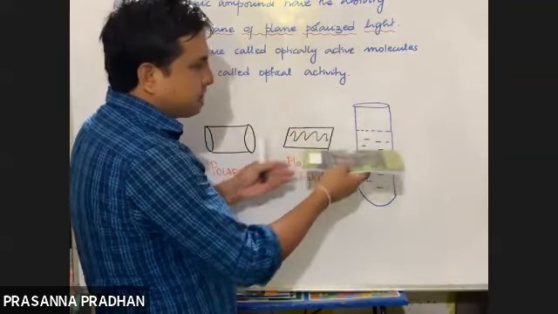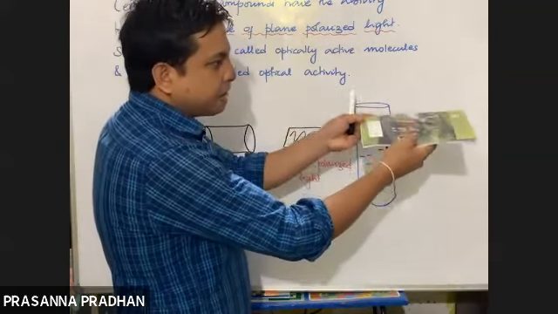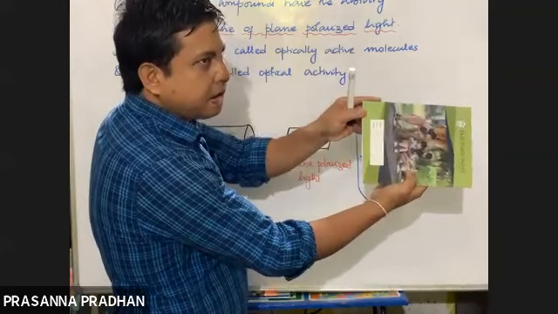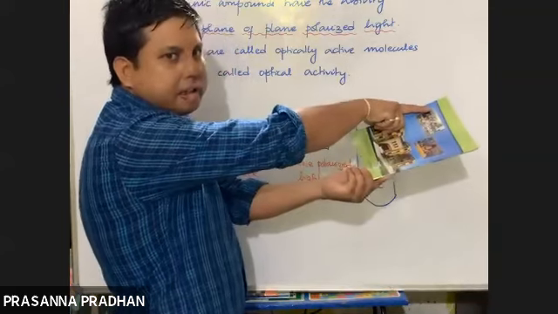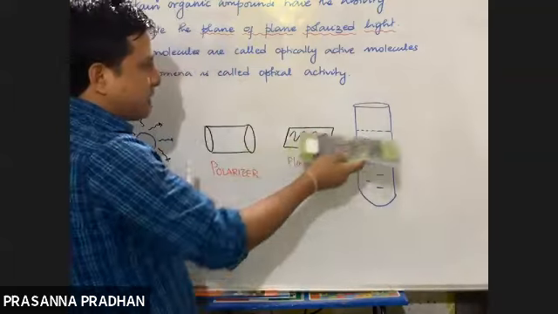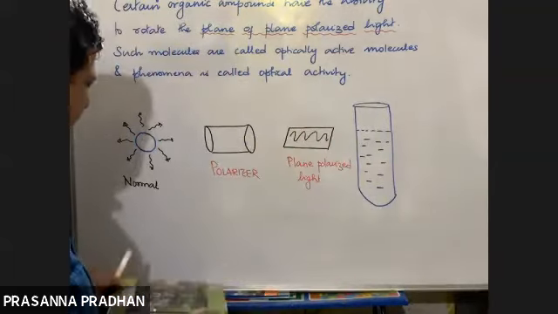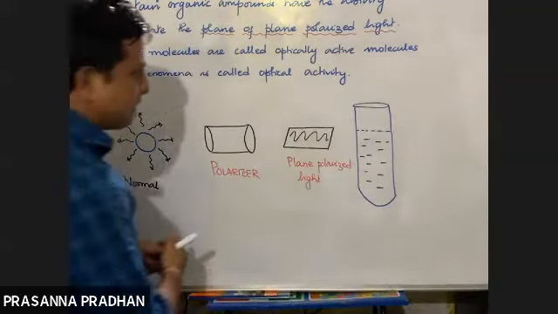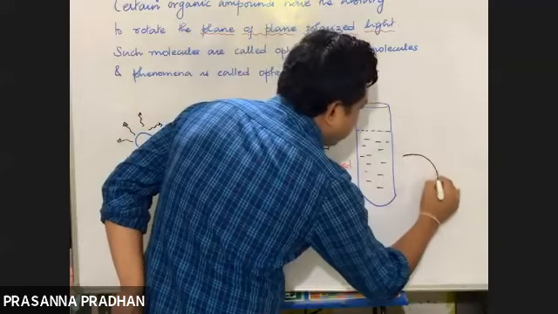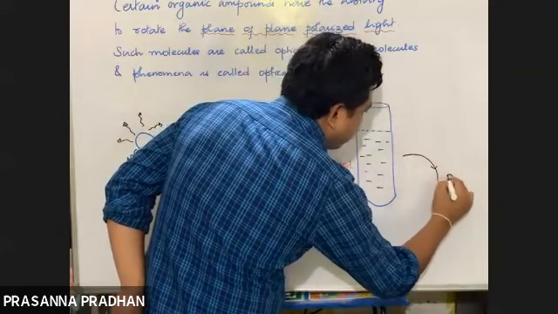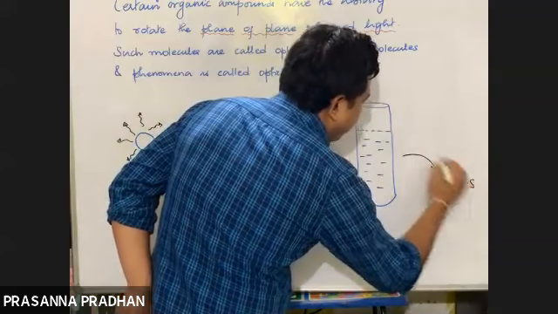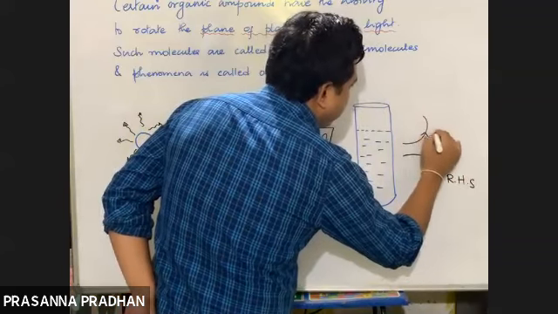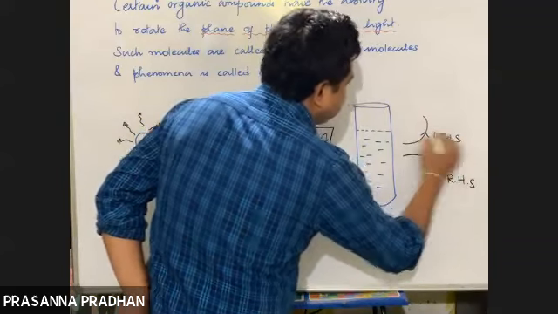After passing through the solution, the plane polarized light gets rotated either towards the right hand side like this or towards the left hand side.